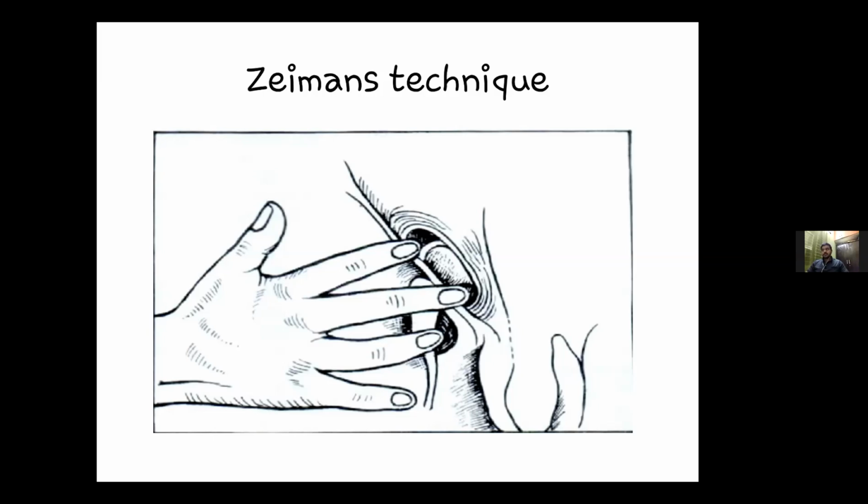What is the relationship of the indirect inguinal hernia to the spermatic cord? It lies in front and lateral to the spermatic structure, sir. Right. What is the relationship of the direct inguinal hernia to the spermatic cord? It just lies above the spermatic cord, sir.